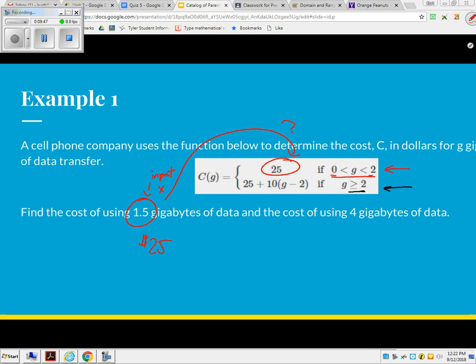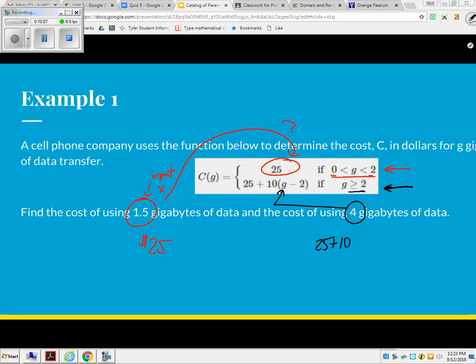Okay. Now, the second part of this, it wants me to ask how much is it going to cost if I use 4 gigs? Well, 4 gigs fits into this bottom piece because it is bigger than 2. So what I'm going to do is take this 4 and plug it into this G right here. And it's going to figure it out.